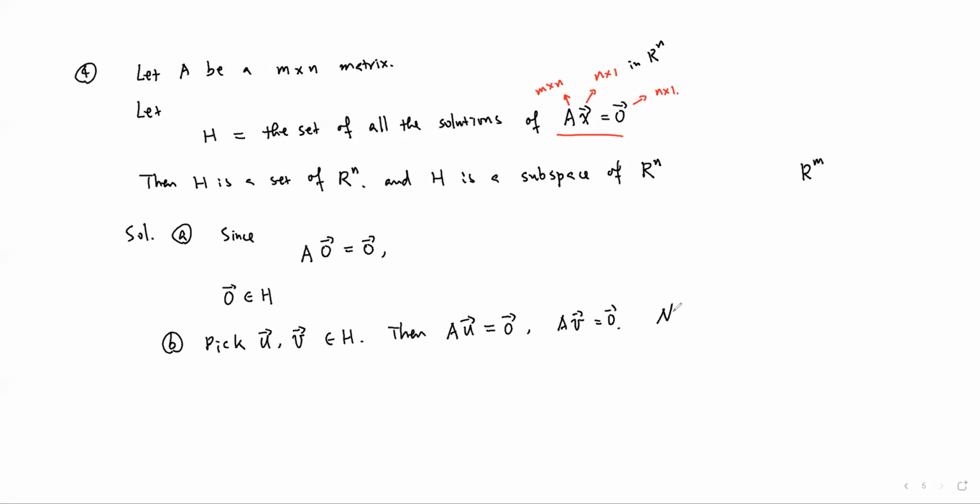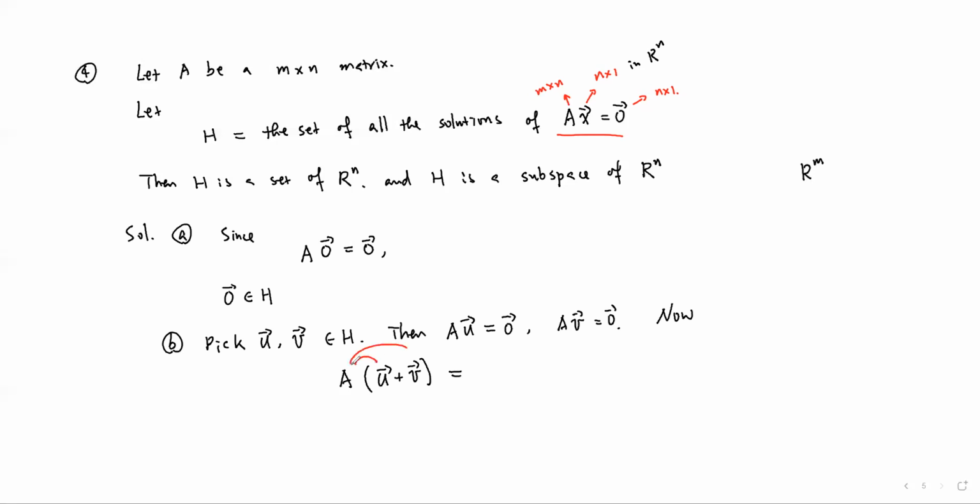Now, make a sum. If this sum also solves this equation, then the sum is in H. Now, let me see whether or not A times this guy is 0.